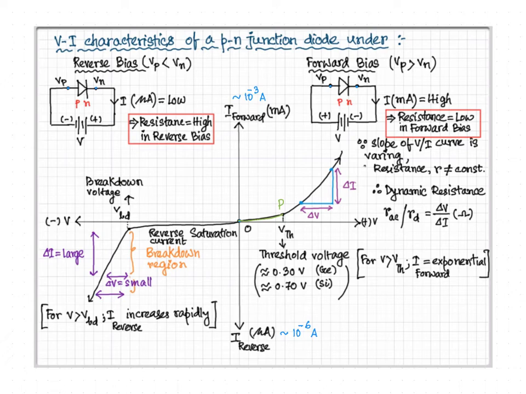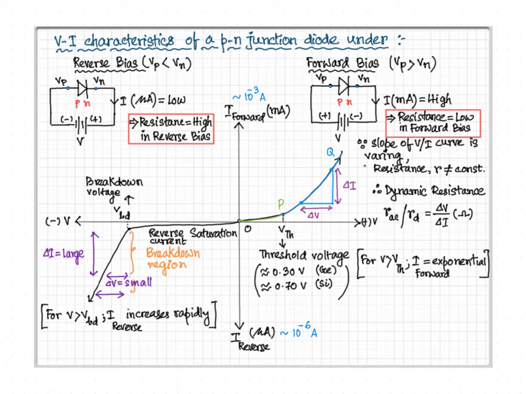After the threshold voltage, we see that the current increases exponentially from, let us say, point P to point Q. Now we see that the slope of the VI curve is not constant, it is varying. So we can say that the resistance R in forward bias is also not constant.